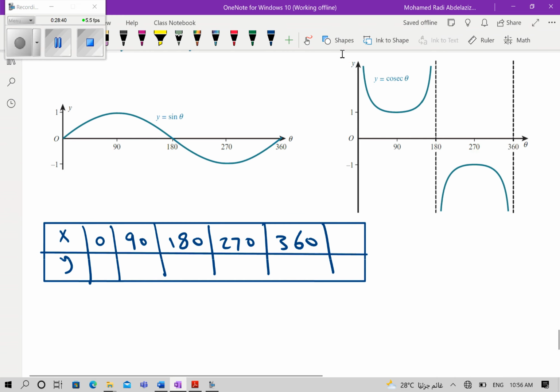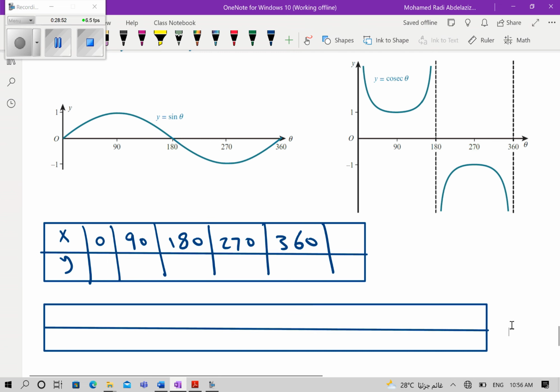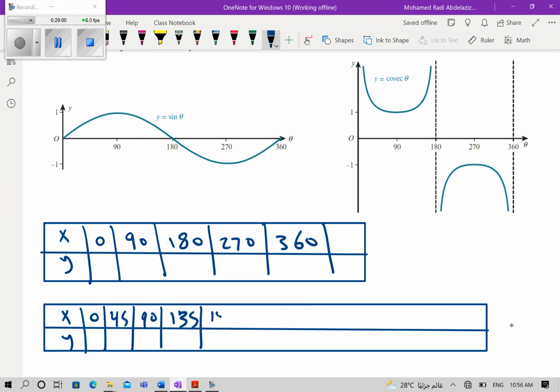For O-level, it's better to increase the number of points so it is easier to join the graph. Maybe I will give the steps as 45: 0, 45, 90, 135, 180, 225, 270, 315, and 360.